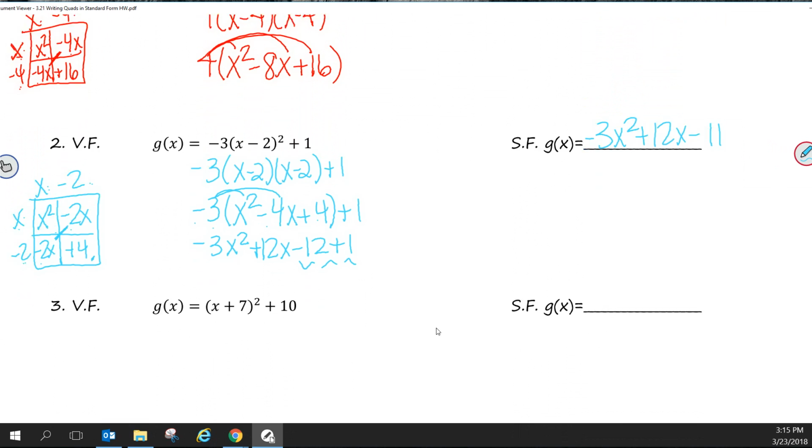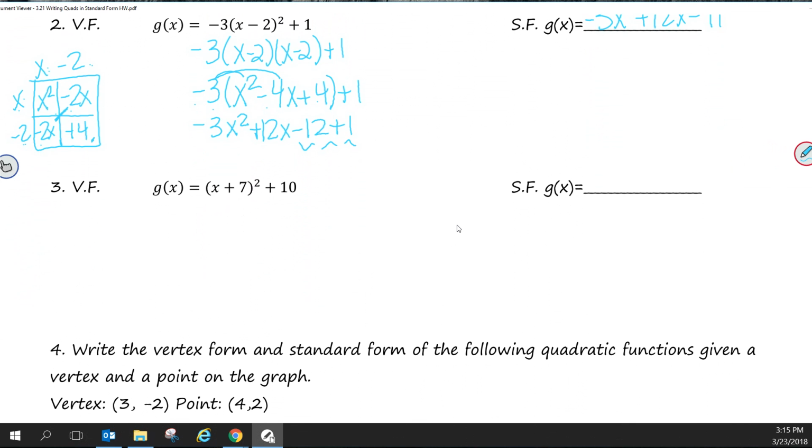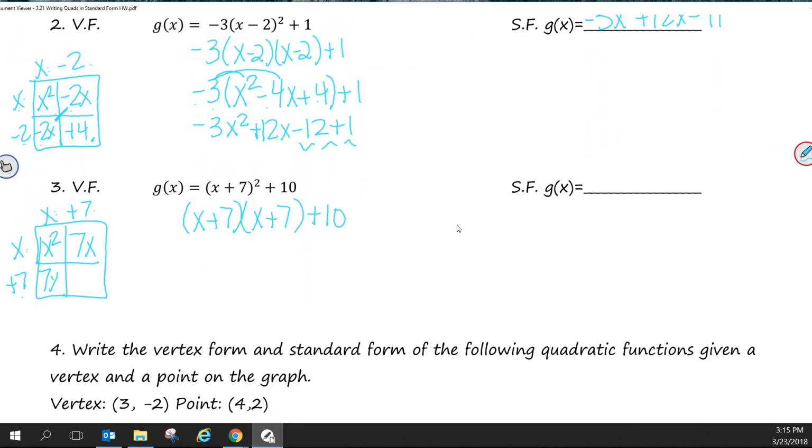Number 3. So I've got (x + 7) times (x + 7), and then plus 10. So in the box, x + 7 times x + 7. x times x is x^2. x times 7 is 7x. 7 times x is 7x.